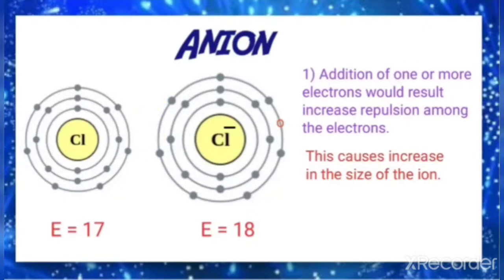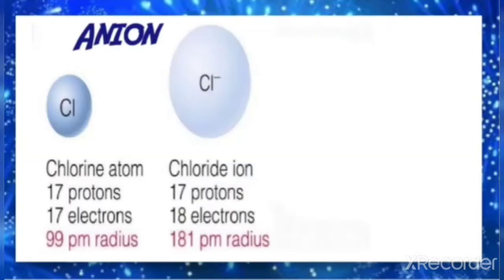Let us discuss another reason. When you compare the number of electrons in this chlorine atom and chloride ion, it is in this way. Here there are 17 protons and 17 electrons. Here, 17 protons and 18 electrons. That means the number of electrons is greater in the chloride ion compared to the chlorine atom.